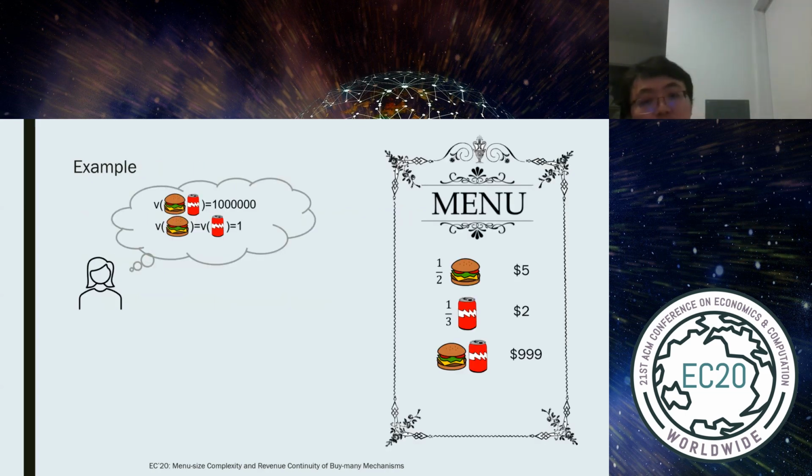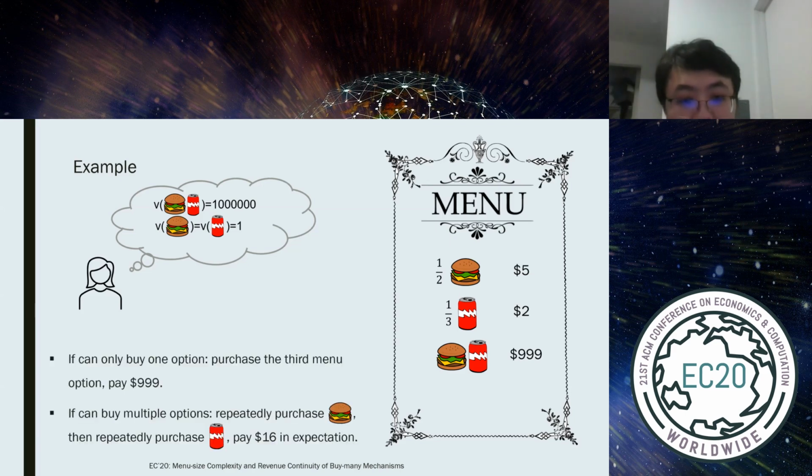Okay. So here is an example of a multi-item mechanism illustrating the difference between buy-one and buy-many mechanisms. Suppose that the buyer wants to purchase a sandwich and a drink, and her value for the sandwich-drink bundle is much, much higher than her value for the individual items. If the mechanism only allows the buyer to purchase one menu option, then the buyer will purchase the third menu option and pay a lot of money, since this is the only way to get both items.